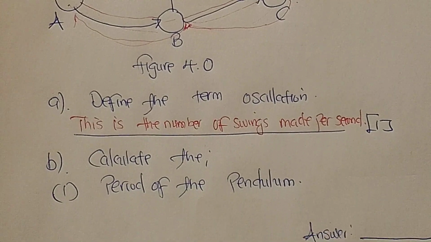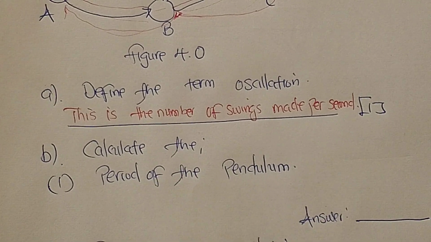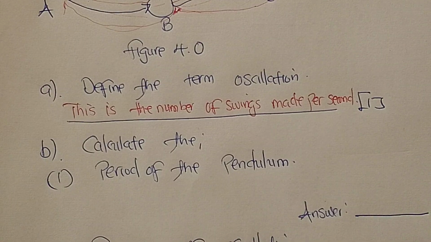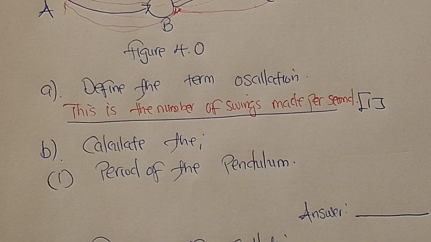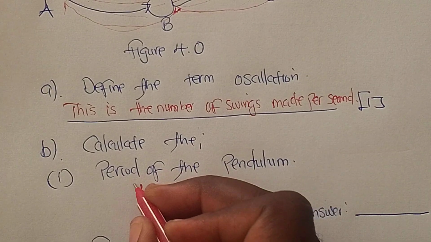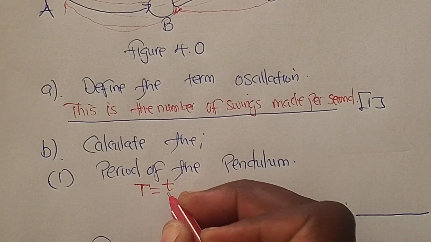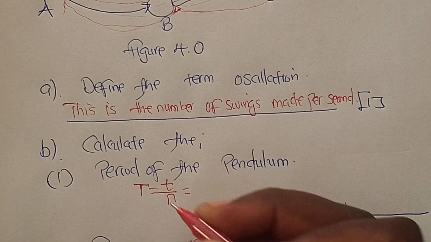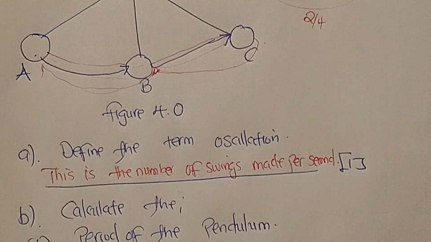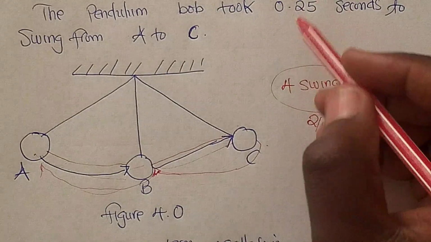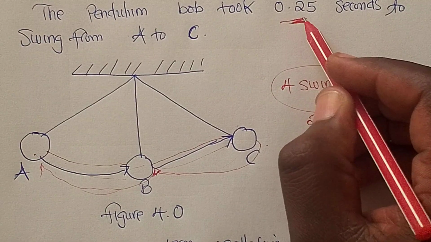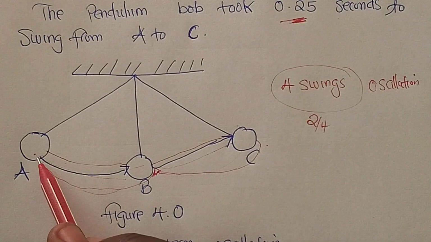Then B, calculate the period of the pendulum. The period of the pendulum is the time taken for a bob to make an oscillation. So the formula is T equals the time taken over the number of oscillations. So how long did it take? There was a specification. So it took 0.25 seconds. Then how many swings did it make? 1, 2.